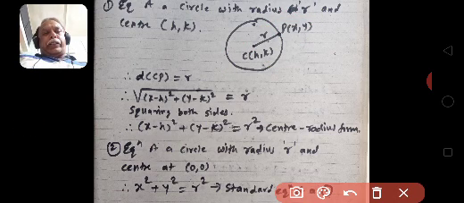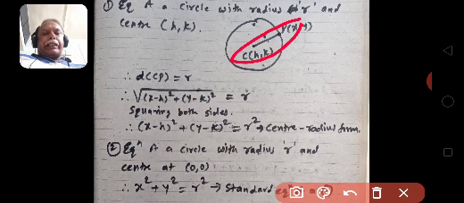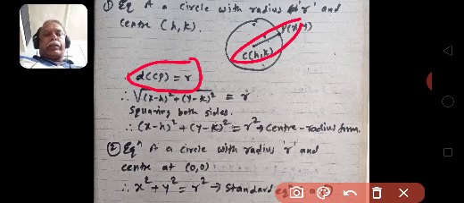If we join this C and P, then this CP becomes radius, and radius is given as R. Therefore, distance between C and P, or length CP, is equal to R. We know the coordinates of C, that is center of the circle (h, k), and P, which is on the circle (x, y).